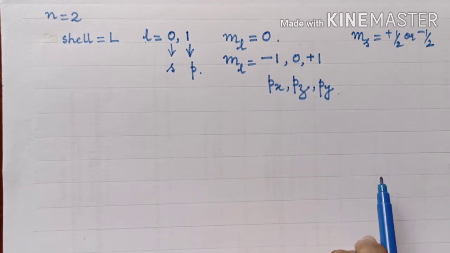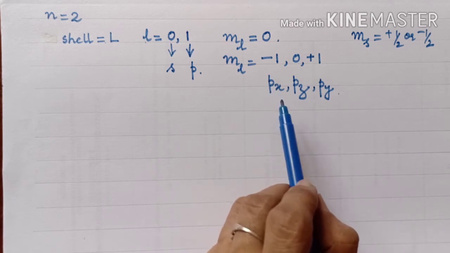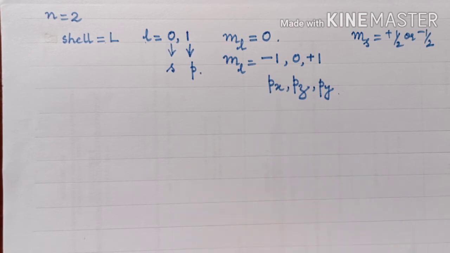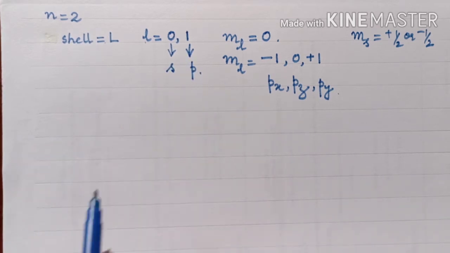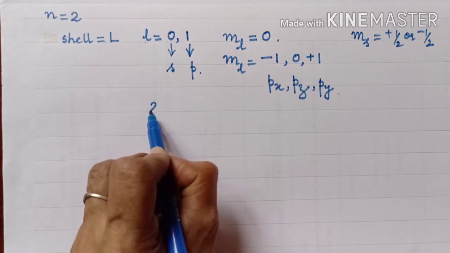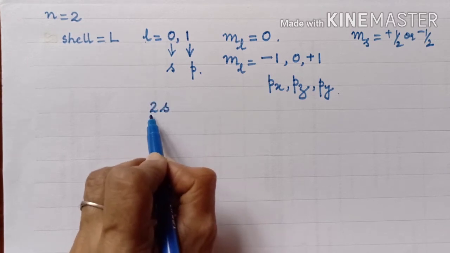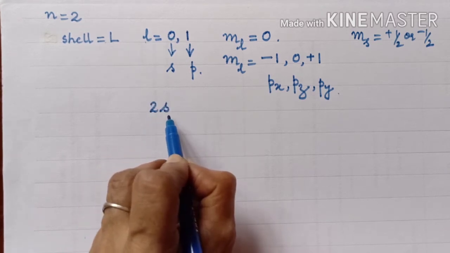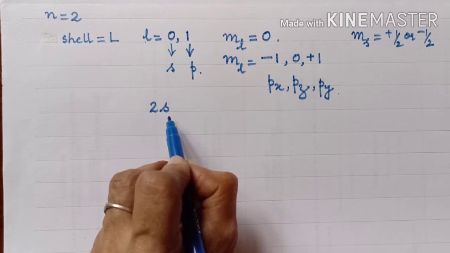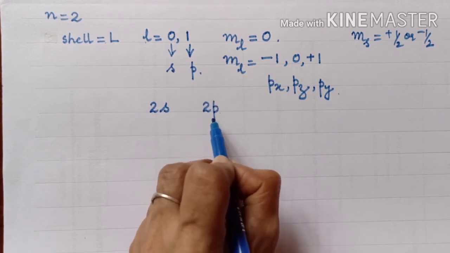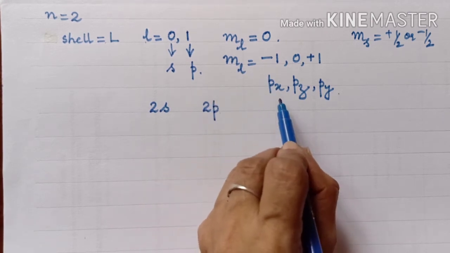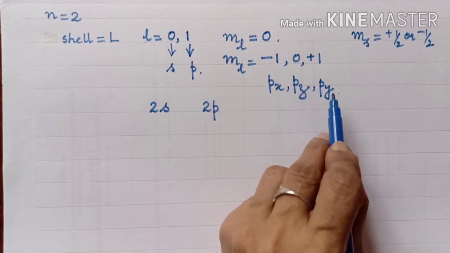We have learned earlier that for every type of orbital, the maximum capacity of electrons will be 2. So here we have two different subshells. The first one is 2s. Second shell contains an orbital which is s, or it can also have 2p. 2p can be 2px, 2pz and 2py.